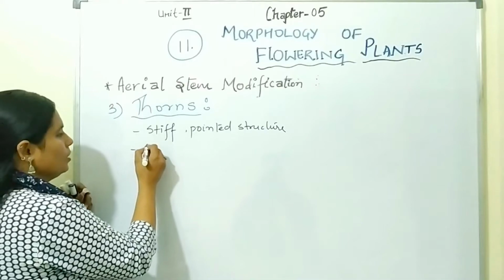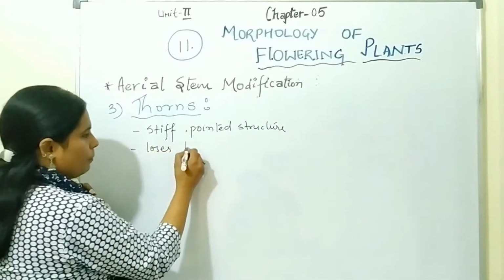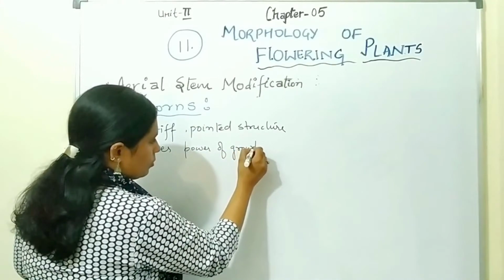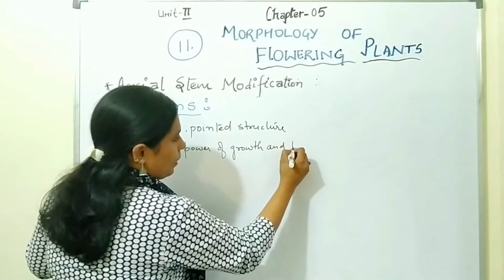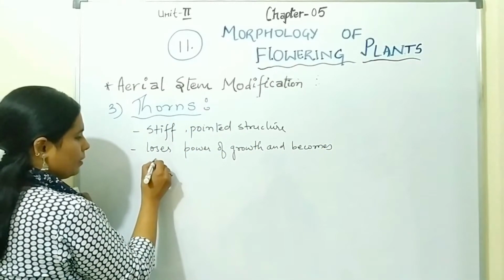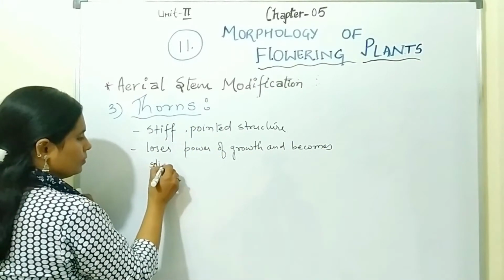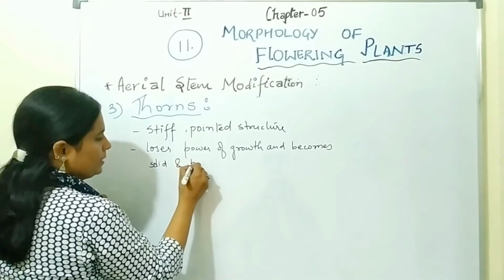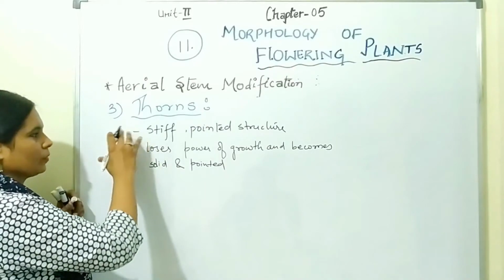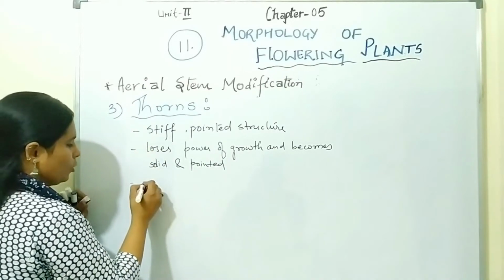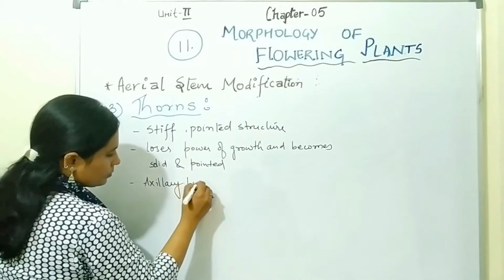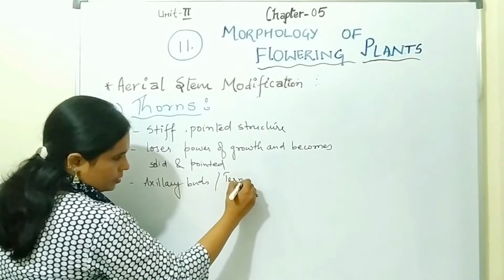This structure loses its power of growth and becomes solid and pointed. These thorns can grow from axillary buds or terminal buds.